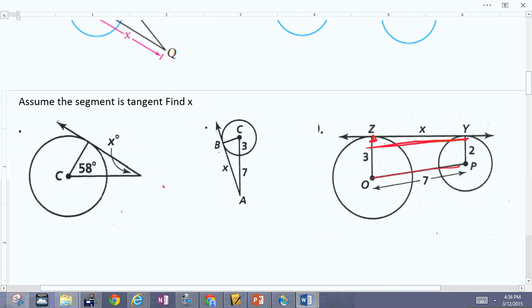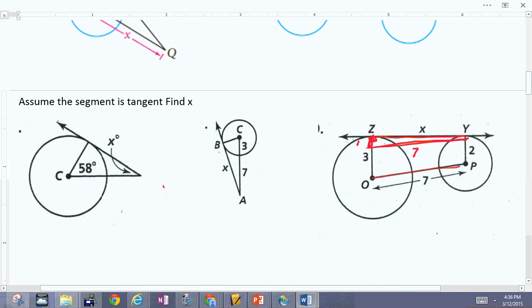So what we have here is a right triangle. This portion that's been shifted up is the hypotenuse, that's 7. This side of the right triangle is the side we're after, x. This side of the right triangle is the difference between the two radii, which is 1 unit.